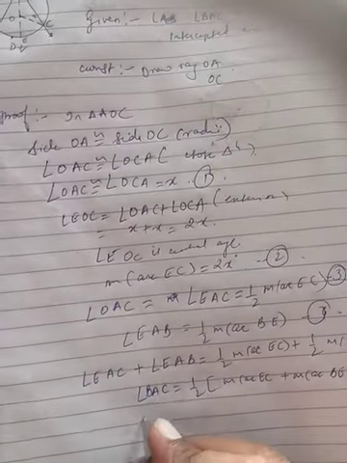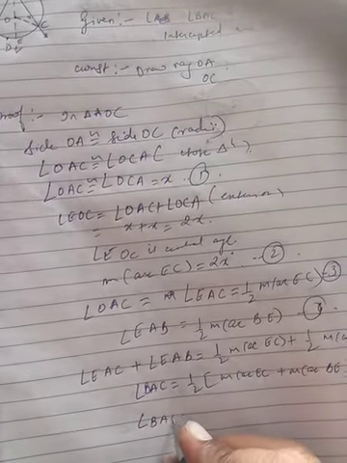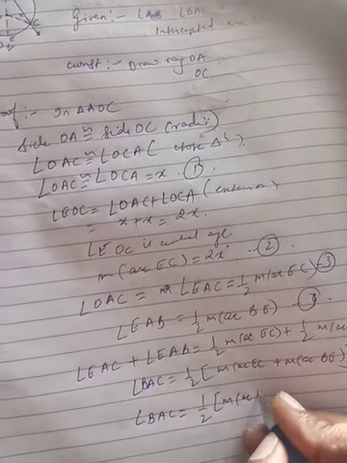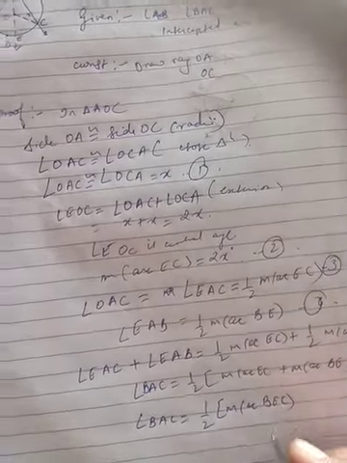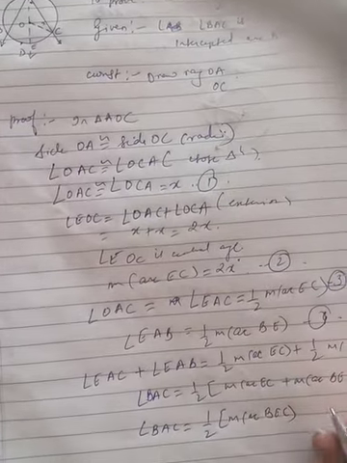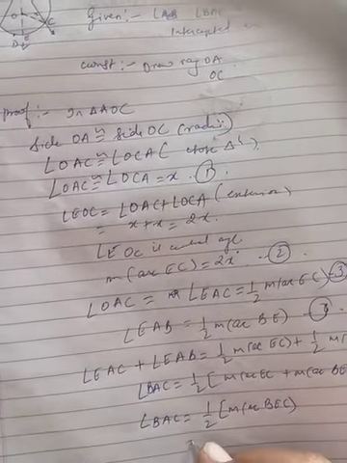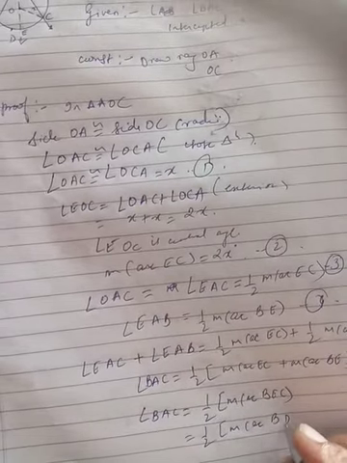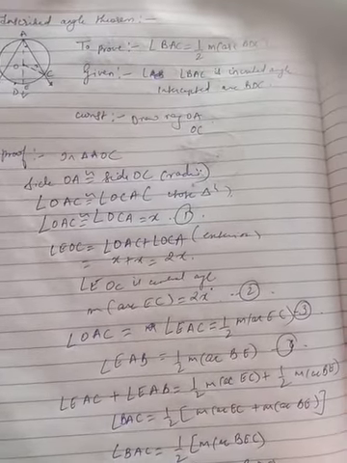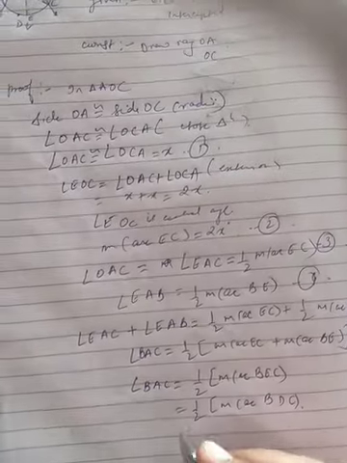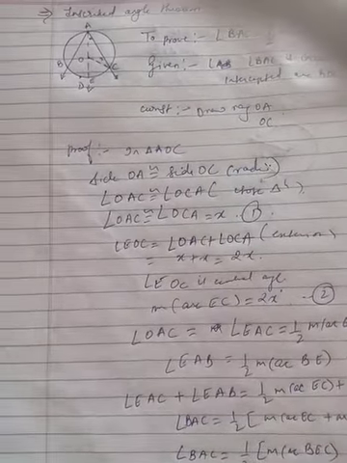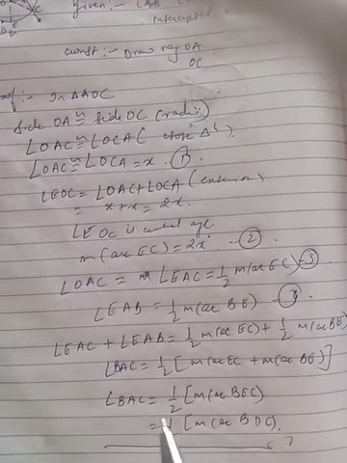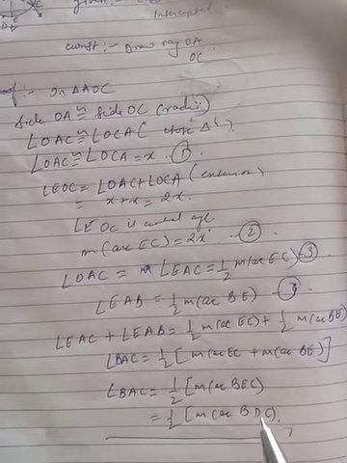So angle BAC is equal to half of the measure of arc BEC, or equal to half of the measure of arc BDC, which is what we wanted to prove. So hence this is the proof. Hence we can say angle BAC is half of the measure of arc BDC.